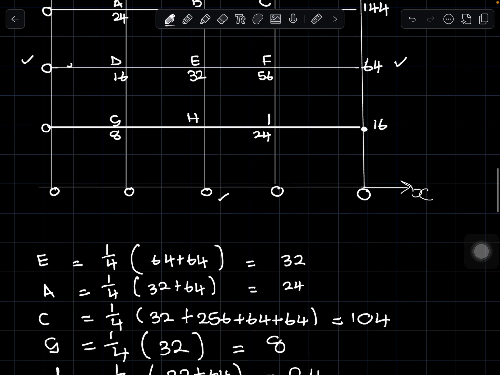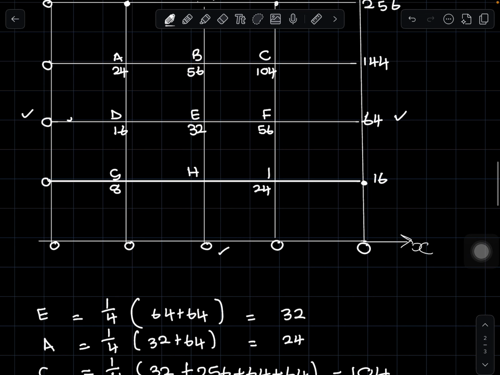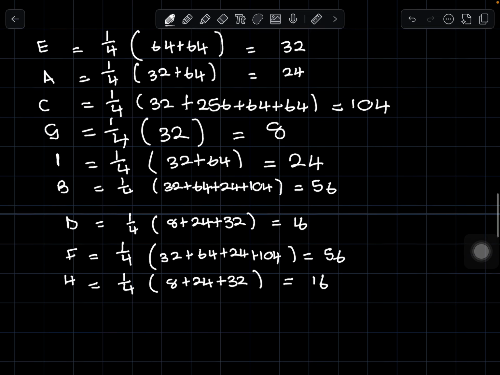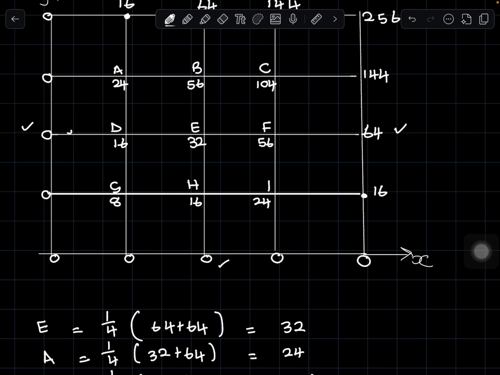Okay. Right. Then we're left with H. At H is 1/4 of what? At H, 1/4 of 8 plus 24 plus 32 plus 0. 8 plus 24 plus 32, which is what? 16. Right. So now that we know the values of our mesh points, we are almost there.